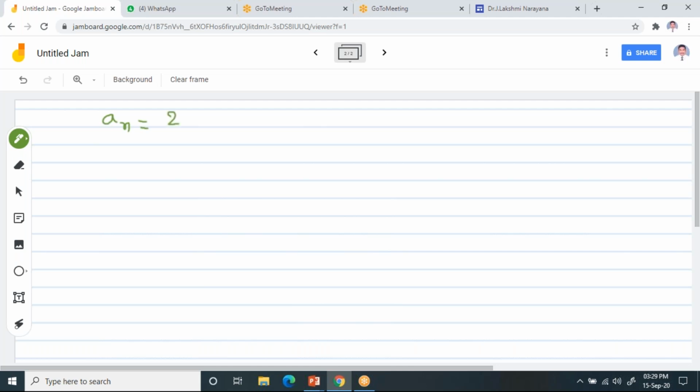AN, you can write 2 by T integral 0 to T x of t cos n omega t dt. Now in the place of x of t, you have to write v of t.